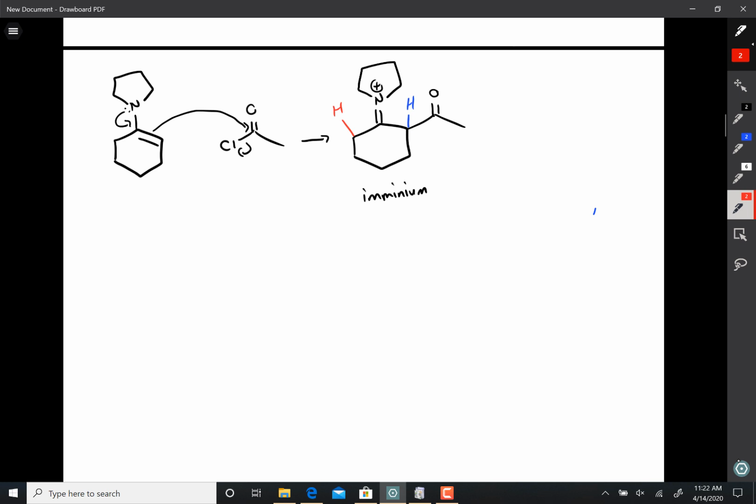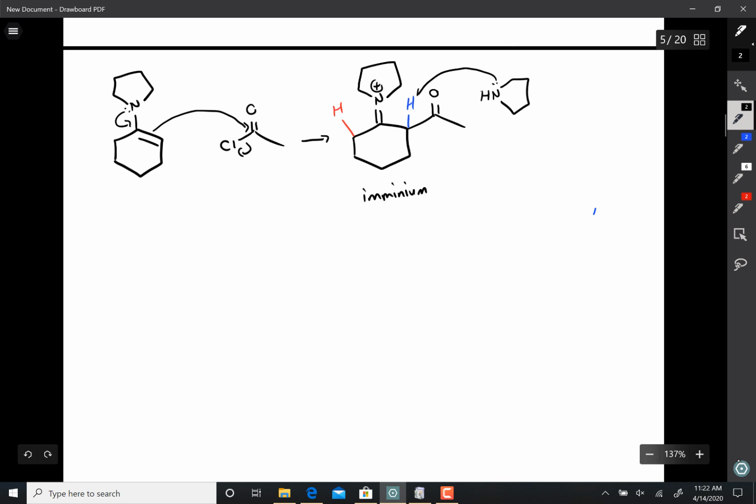The blue hydrogen is considerably more acidic because it's between two electron withdrawing groups, making it the more likely candidate to be deprotonated. Like so.